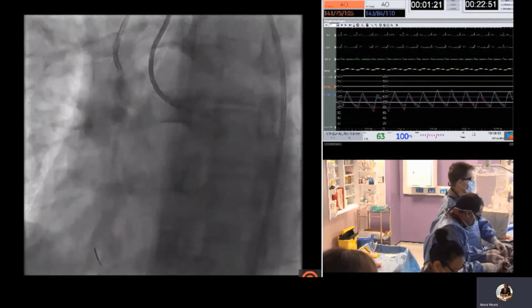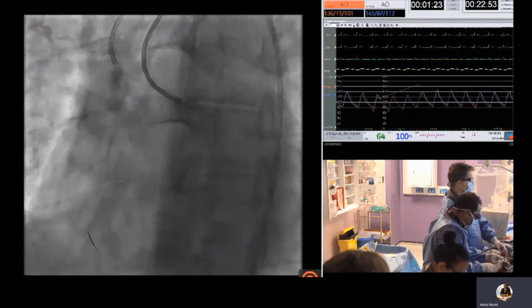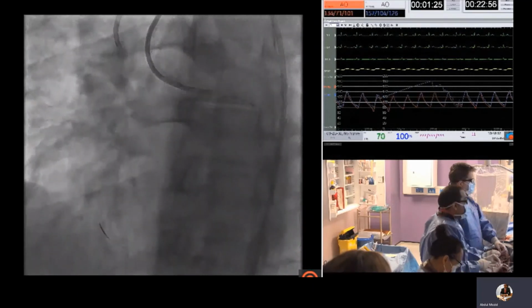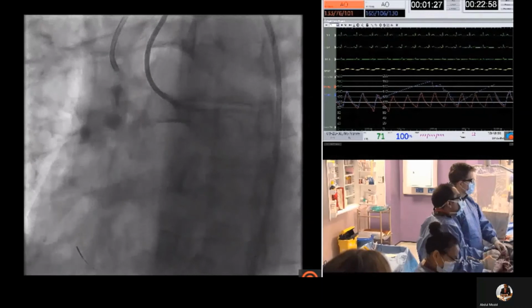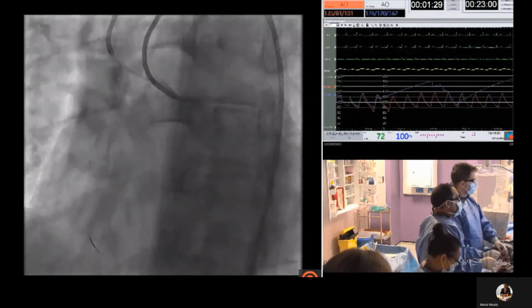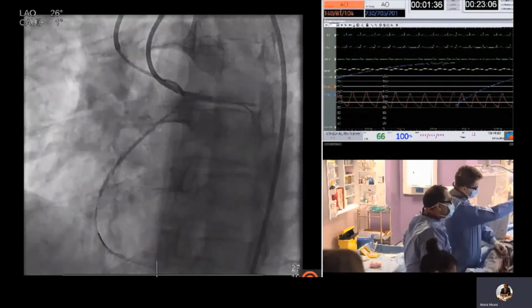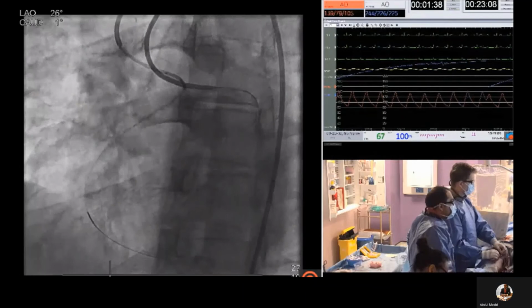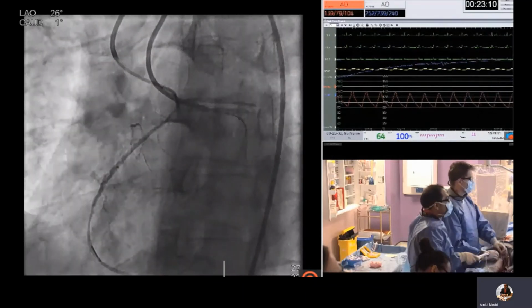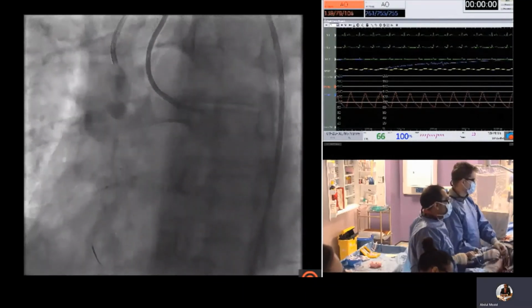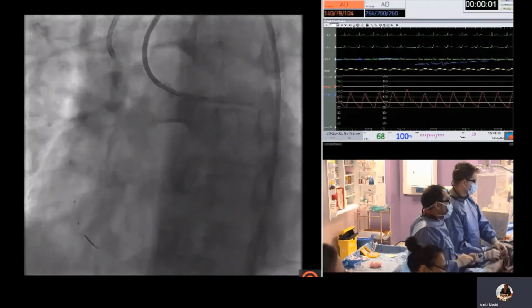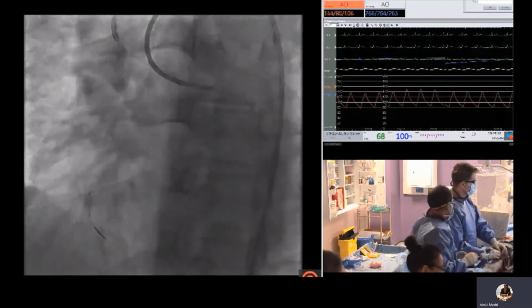And given that we have likely taken a true-to-true course, we can give some contrast here now to assess the artery. So actually there's a long segment of disease. So pre-dilate a little bit more distally as well.